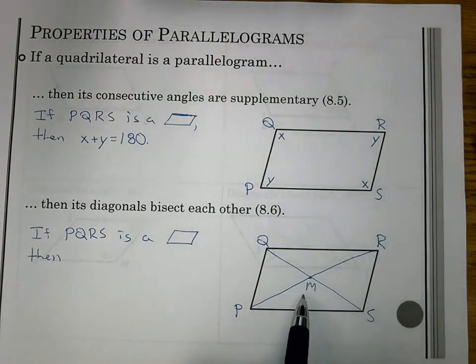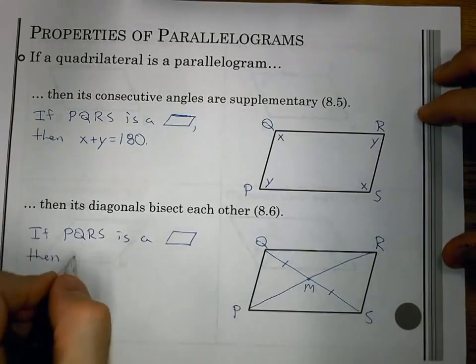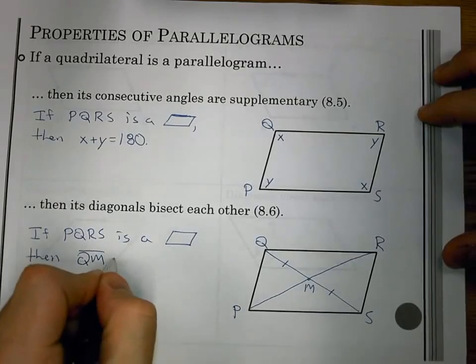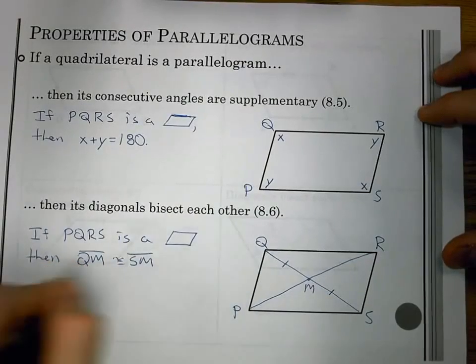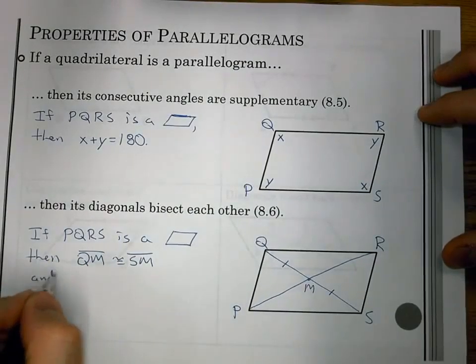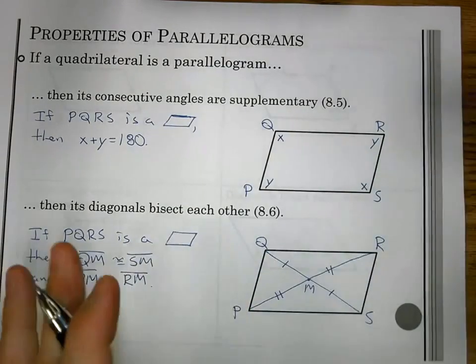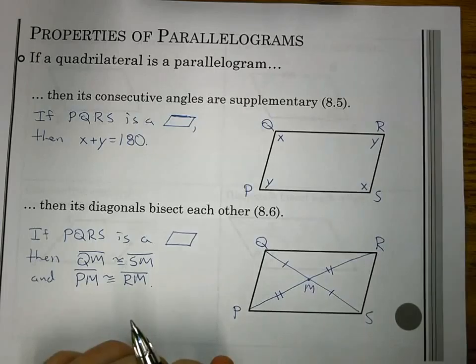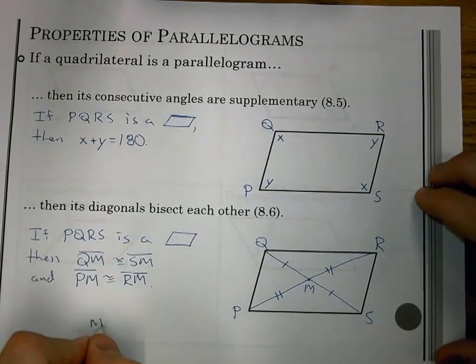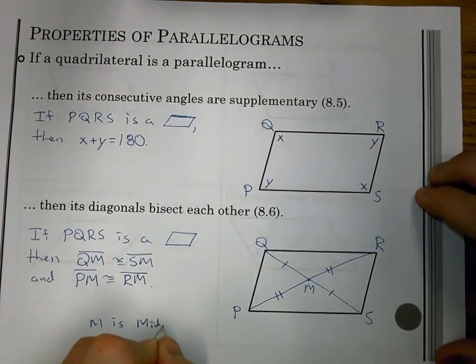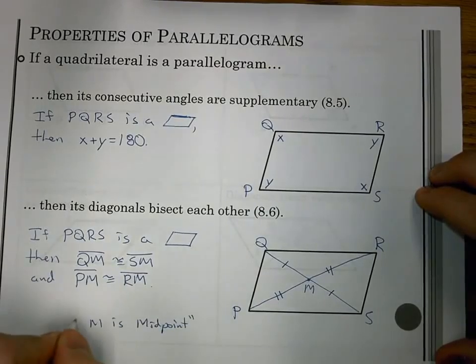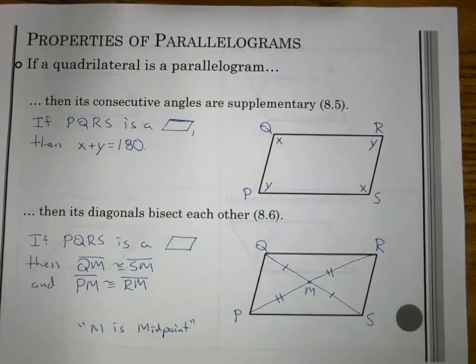They intersect at point M. So to say that they bisect each other, that means that QM is congruent to SM, and PM is congruent to RM. So I take each diagonal, and it breaks it in half. M we can think of as a midpoint to each diagonal. Breaks it in half, I can set those parts equal, and I have that.